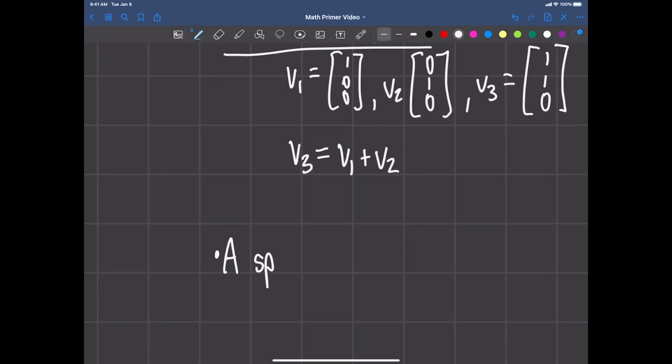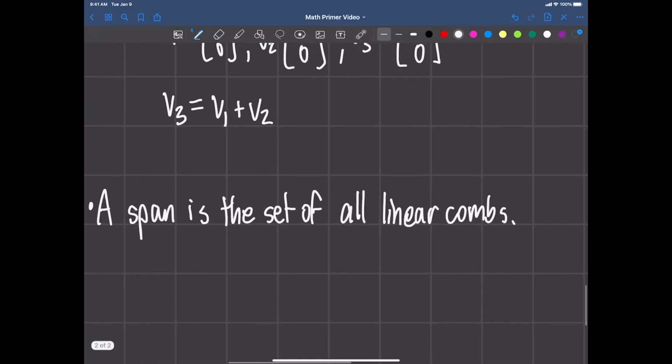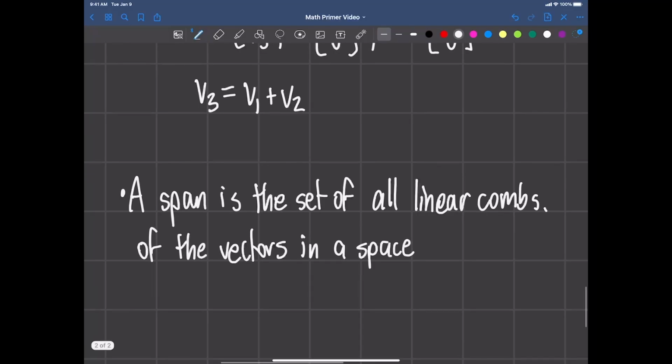A span is the set of all linear combinations of the vectors in a space. So, if a vector can be removed and doesn't affect the span, the set of vectors is linearly dependent.